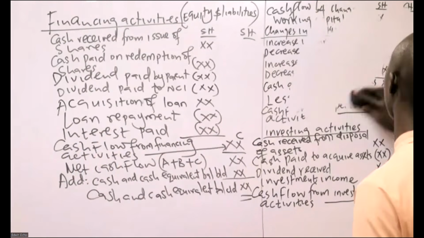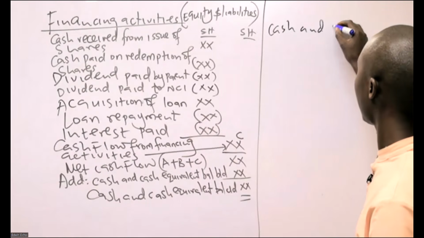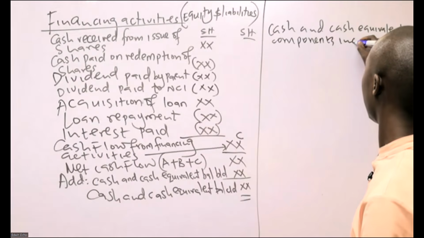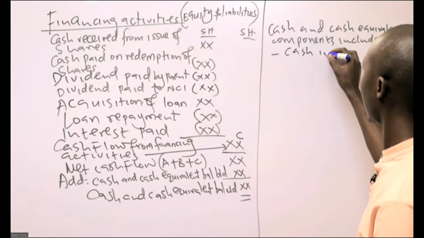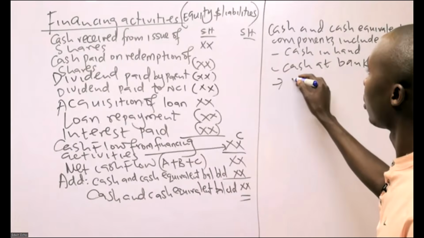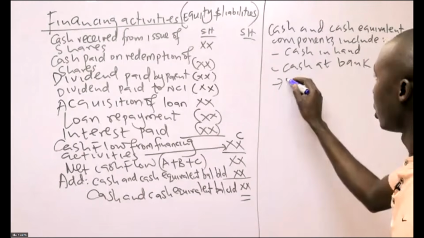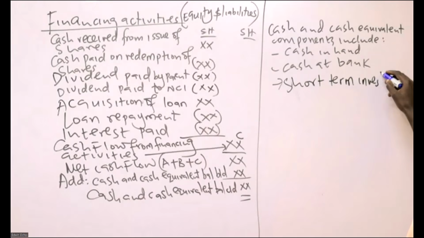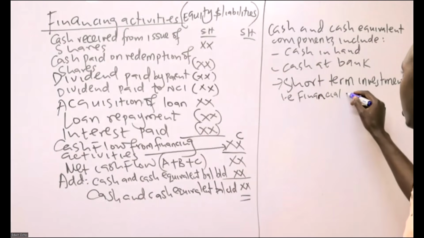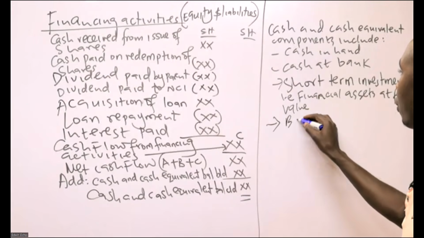I want to mention something about what we have done. When talking about cash and cash equivalent, the components include cash in hand, cash at bank, short-term investments, i.e., financial assets at fair value, and then bank overdraft.